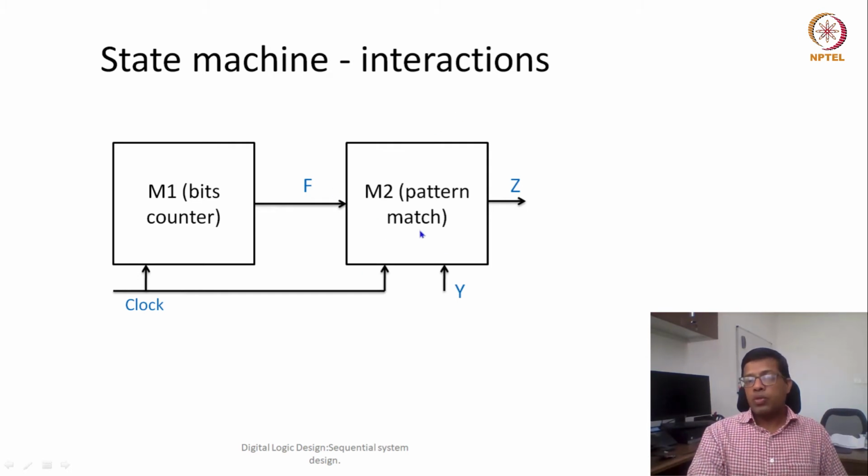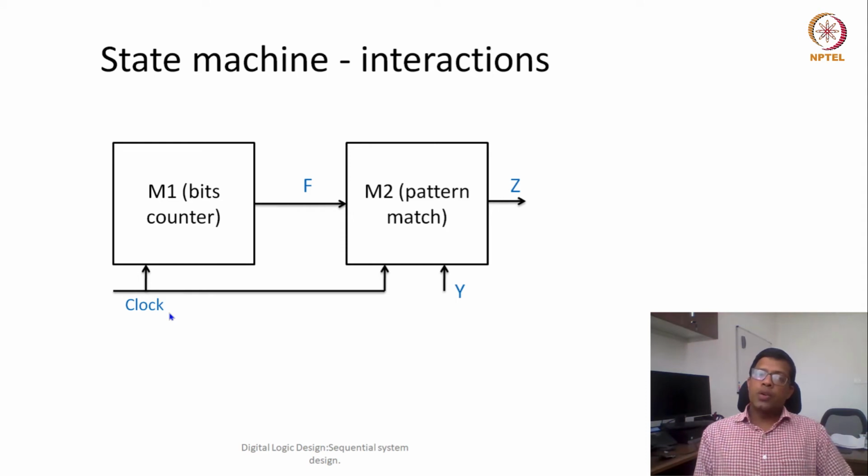The other input of the pattern matcher would be the original input Y, and the output is going to be Z. As said initially in this lecture, this F is not visible to the outside system. To the outside system, only Y is the input and Z is the output, along with this being a clocked system or a synchronous system.